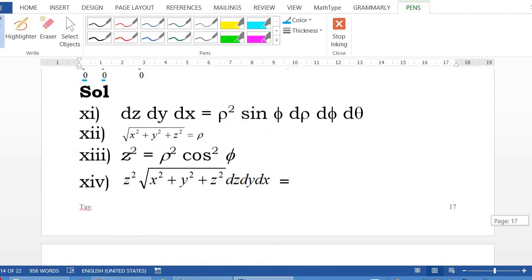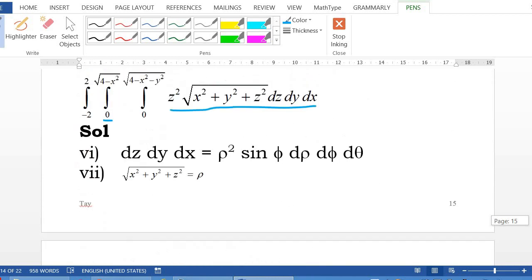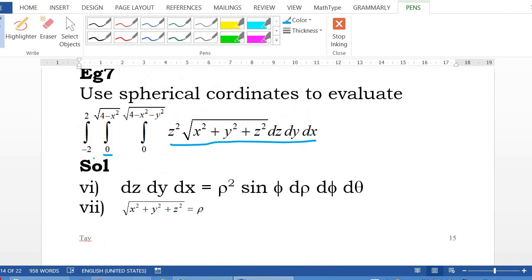And example 7, you have half of your upper hemisphere, because you cut it by y equal to 0. Half of the upper hemisphere. Example 6, with negative square root of 4 minus x squared, you have the full upper hemisphere.